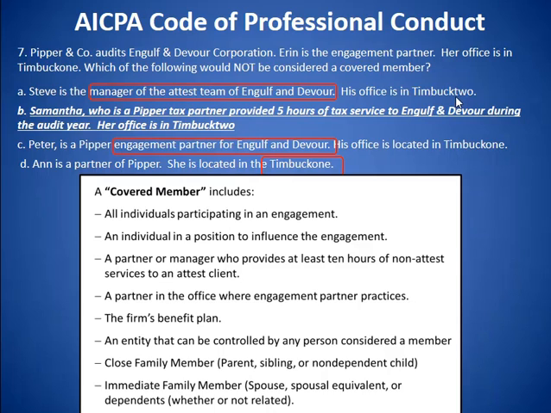Even though his office is in Timbuktu, because he's one of the members of the attest team, he's considered a covered member. Let's take a look at C. Peter is a Pipper engagement partner for Engulf and Devour.